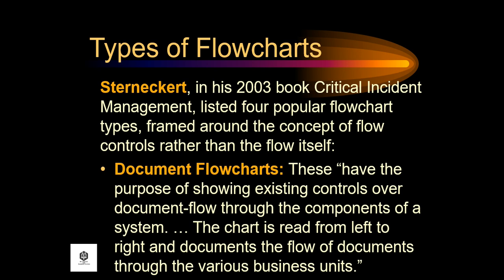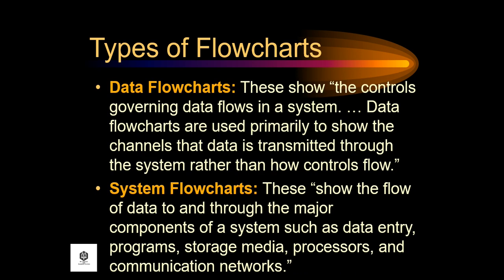First, document flowcharts. These have the purpose of showing existing controls over document flow through the components of a system. The chart is read from left to right and documents the flow of documents through the various business units. Next type is the data flowcharts. These show the controls governing data flows in a system.